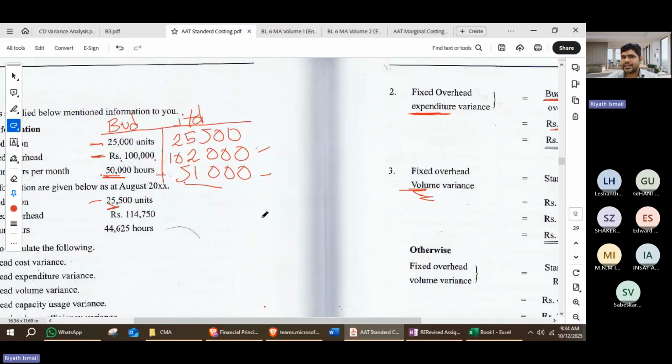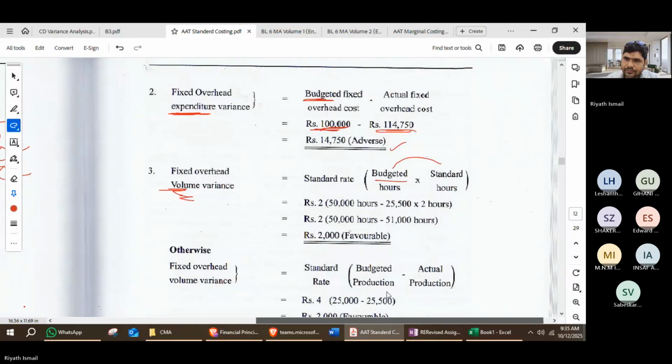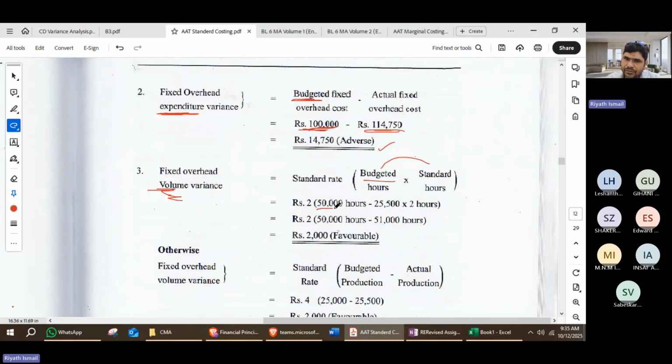Budgeted hours means allocated hours, but standard hours. Budgeted hours 50,000 and standard hours 51,000 hours into standard rate per hour.